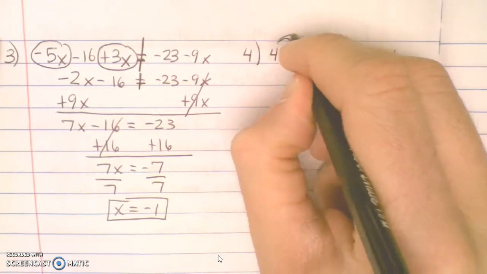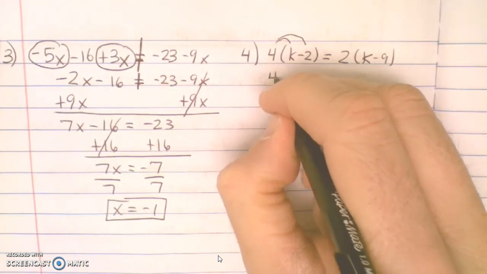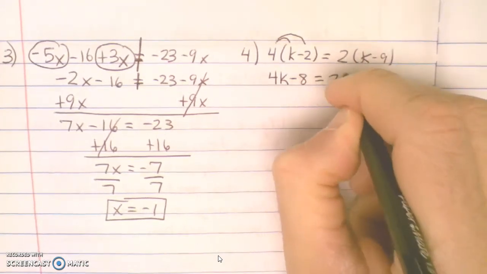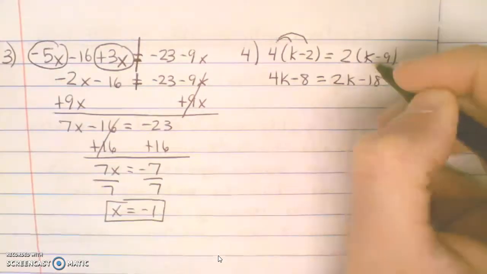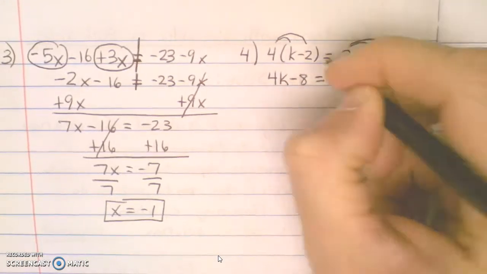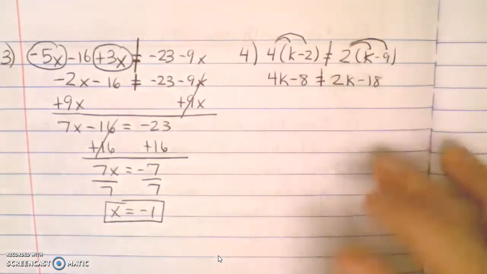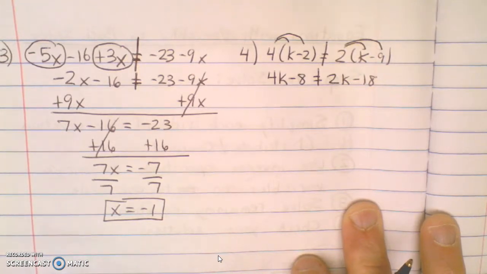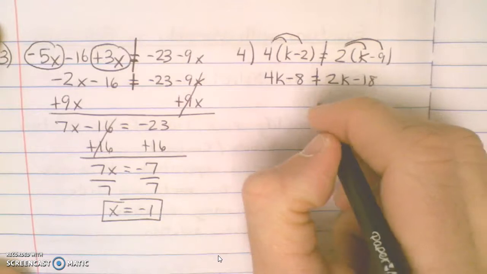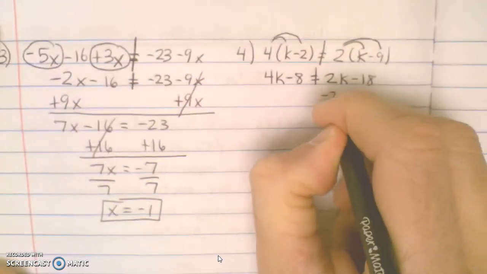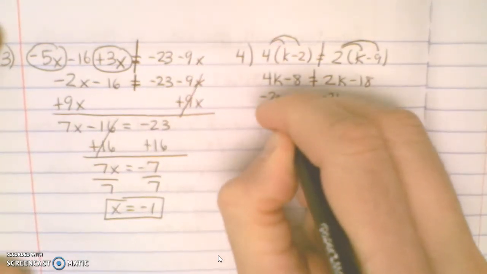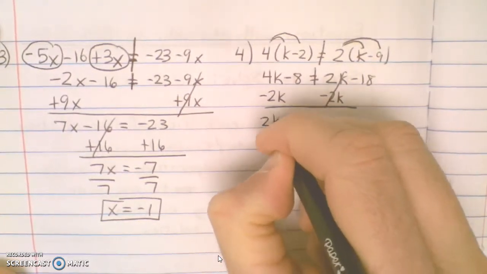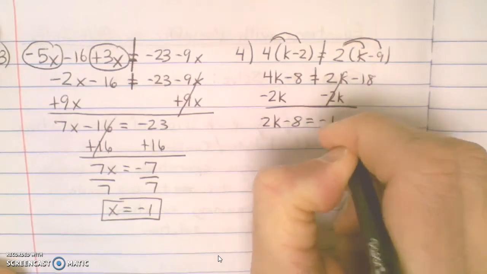I distribute by multiplying, so that becomes 4k minus 8 equals 2k minus 18. Then remember, we're looking at each side of the equation. So I want to undo by bringing the 2k over by subtracting it. So I have 2k minus 8 equals negative 18.